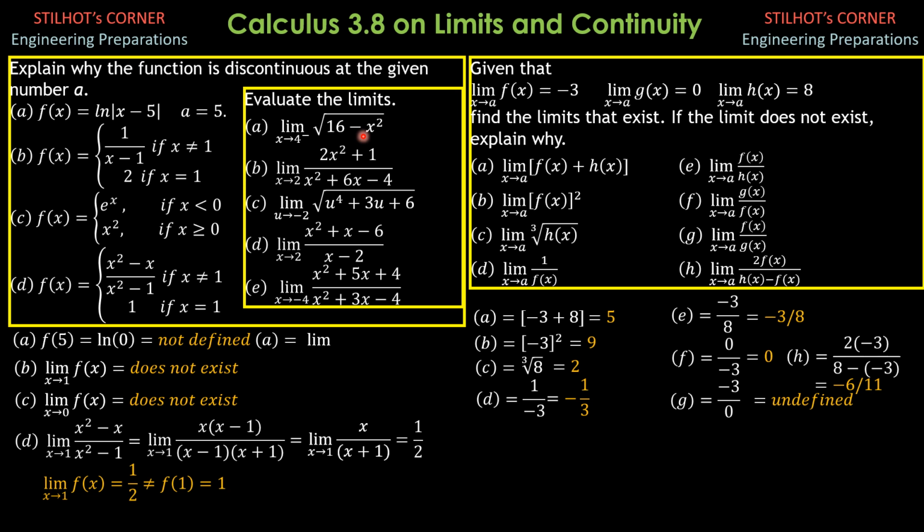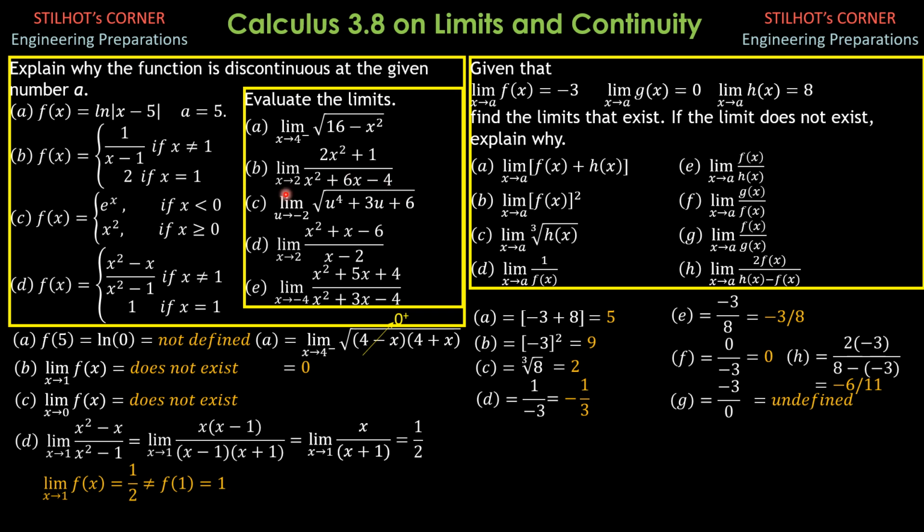Or we factor it into square root of 4 minus x, then quantity 4 plus x as x approaches 4 from the left. So this is approaching 8, while this one approaches 0. So 0 times 8, then square root, almost 0 times 8, square root of that is 0. So the limit is 0.